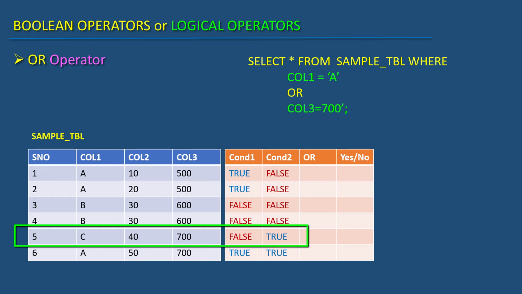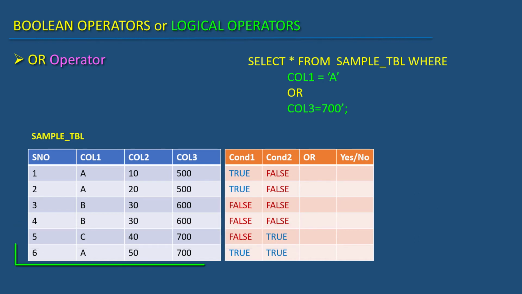Row number 5 will test false for condition 1 because column 1 is C here, but it will test true for condition 2 as the value of column 3 is 700. Row number 6 will test true for both the conditions.